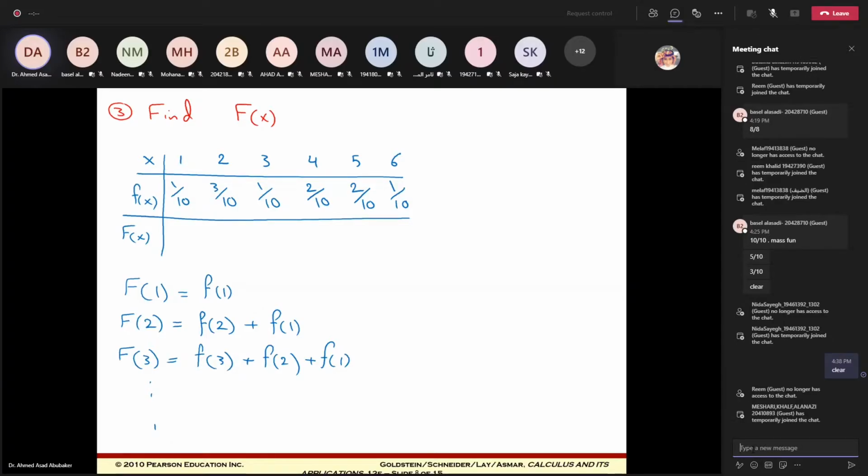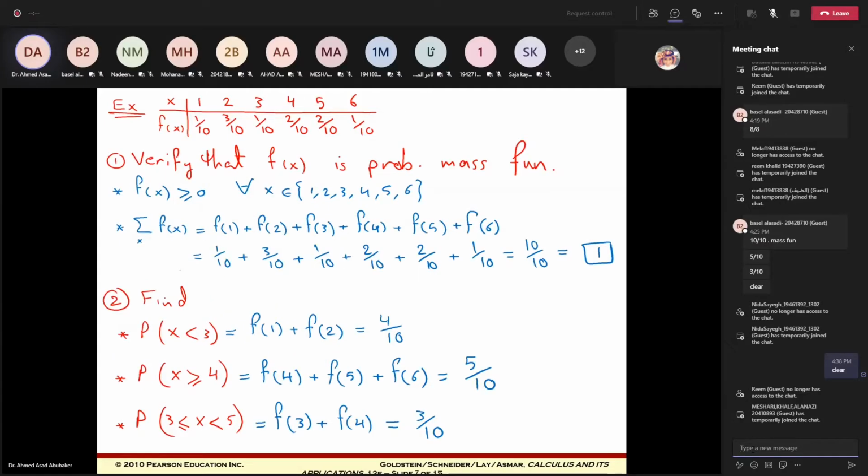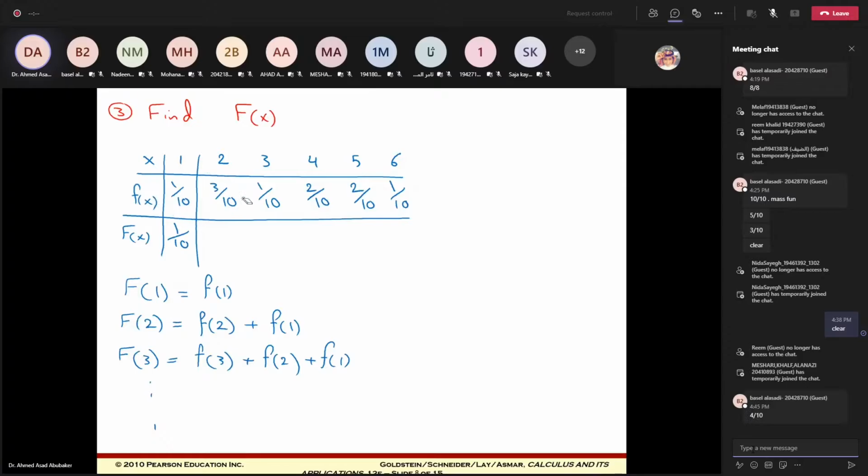So at 1 it equals the same f(1). At 2, we need to find the summation of f(2) and f(1). So we have 4 over 10.